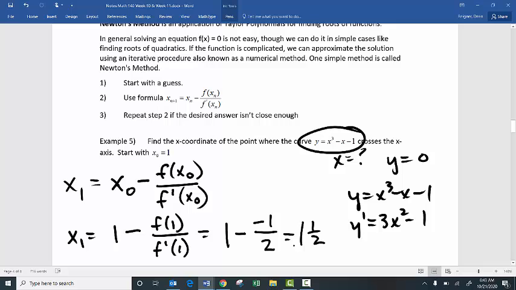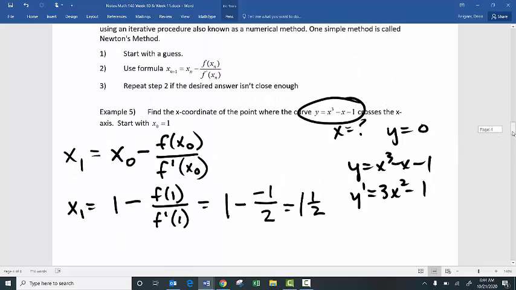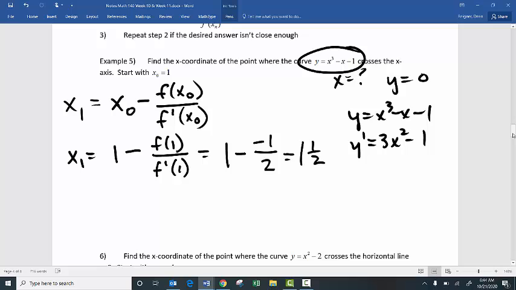Okay? All right, so now we're getting a little bit closer. So the x value that's going to give you a y value of 0, now we think it's 1.5. We originally thought it was 1, but based on this Newton's method, now it's going to be 1.5. So now we'll do this one more time. So what will happen is you'll get closer and closer to the correct answer as you do this.